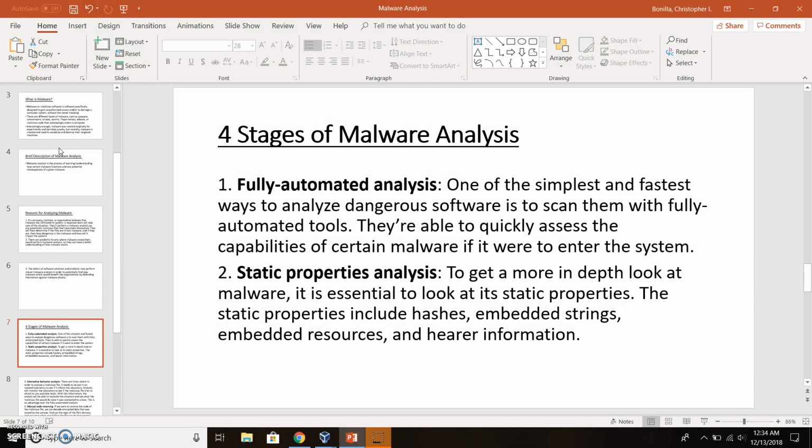The second stage would be the static properties analysis. To get a more in-depth look at malware, it is essential to look at the static properties. The static properties include hashes, embedded strings, embedded resources, and header information.